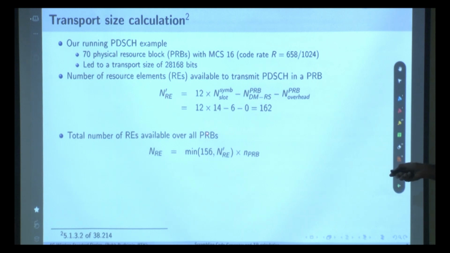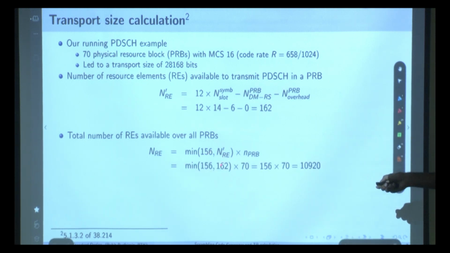Then the total number of available REs over all PRBs, how many REs are available for the PDSCH to be transmitted, is given as the minimum of 156 and N-RE, multiplied by the number of PRBs allocated for this user. Look at this 156 and N-RE. As we calculated, N-RE is 162, so the minimum of 156 and 162 leads to 156.